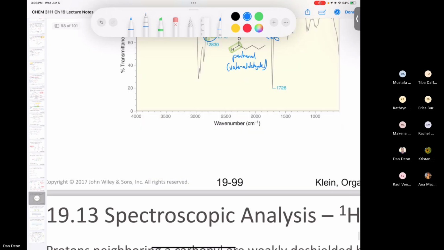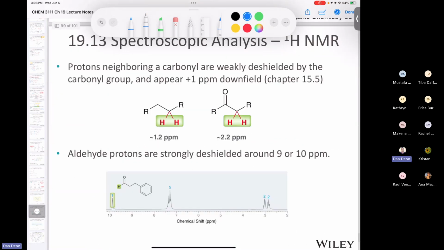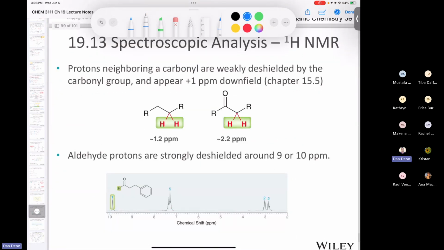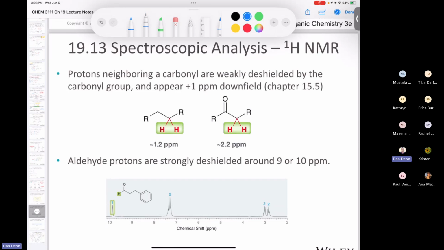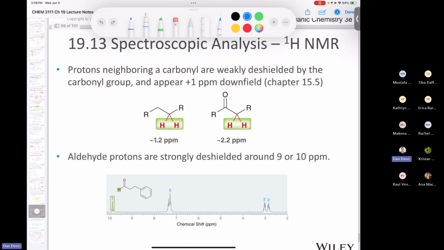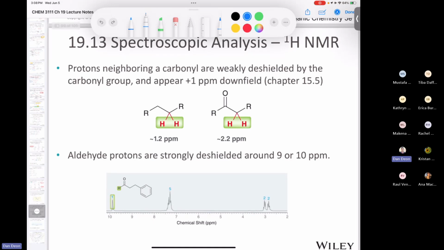Anyhow, what else do we see here? Protons next to a carbonyl are going to be deshielded by the carbonyl by 1 part per million. We went over that in chapter 15.5. There's a whole table that goes over this for you. And if we have an aldehyde proton, that's one of the few giveaways in the NMR. If you have a proton at like 12 parts per million, that's going to come from a carboxylic acid.